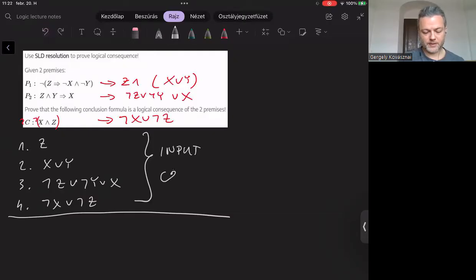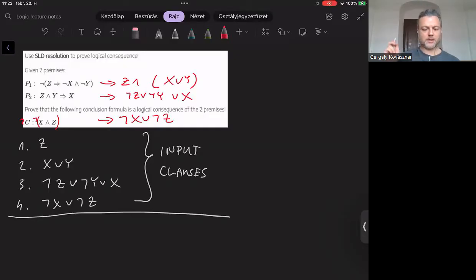the resolution algorithm. And it's not an accident that I highlighted this fact that these are the input clauses, because when applying SLD resolution, input clauses play a very essential, very important role, as you will see.